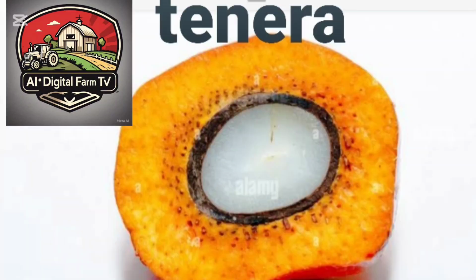The next species we are looking at is the hybrid Tenera. The hybrid Tenera species of palm tree is able to produce up to 15 bunches of fruit at a time, and its lifespan is about 50 to 80 years of productive life.